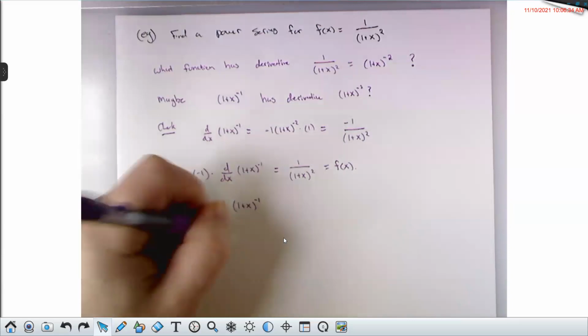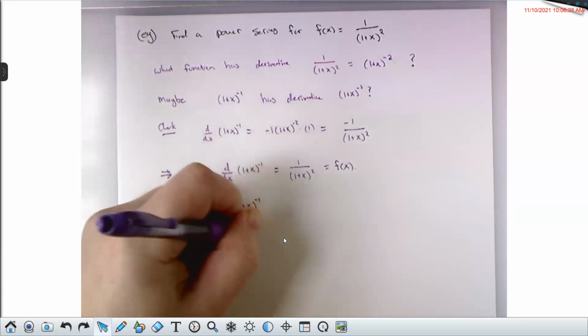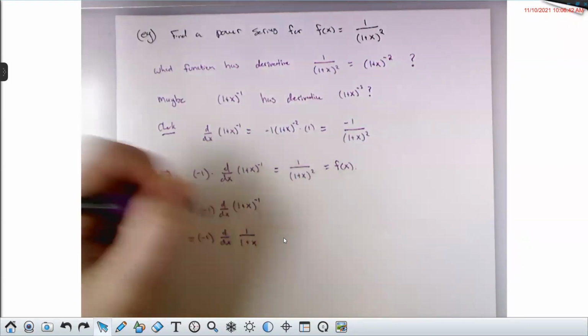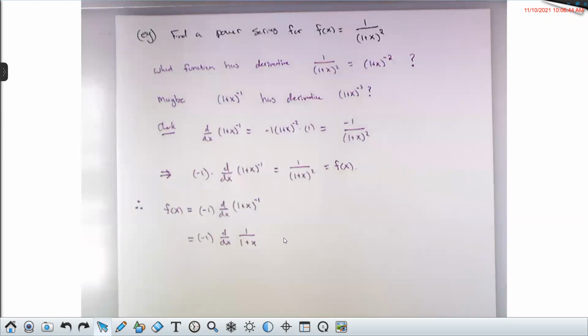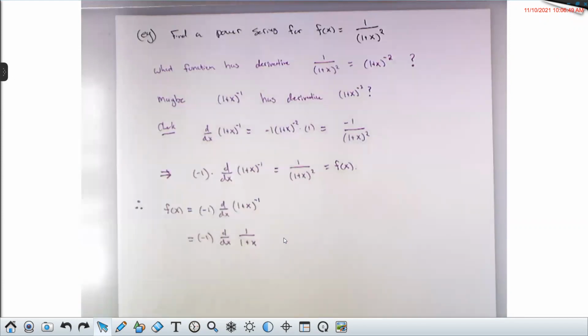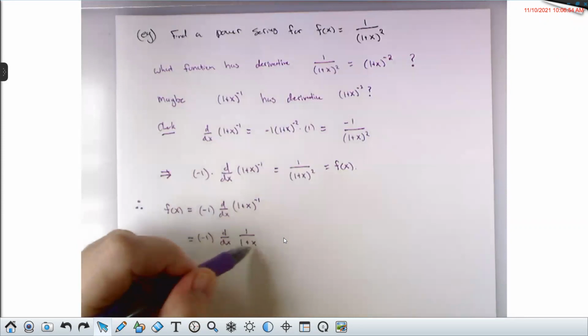That is -1 d/dx of 1 over 1 plus x. All right, (1 + x)^(-1) is 1 divided by 1 plus x. So I'm going to use my geometric series trick here to get a series for 1 over 1 plus x.